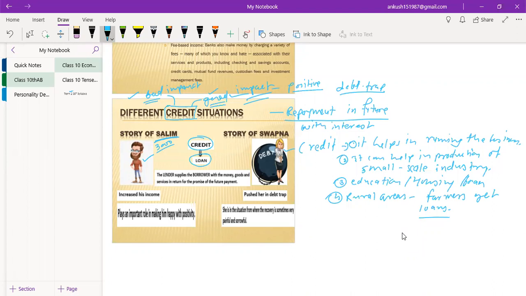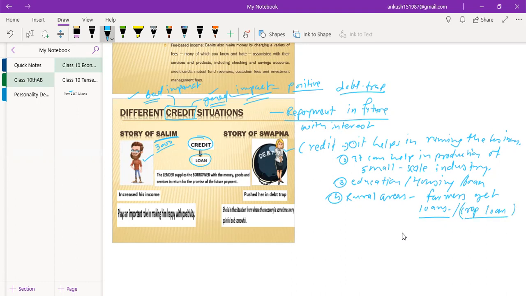At that time they need to purchase various kinds of seeds, fertilizers, pesticides, water, electricity. In many things they need money, and they borrow it from the bank in the form of crop loan. Which loan? Crop loan.